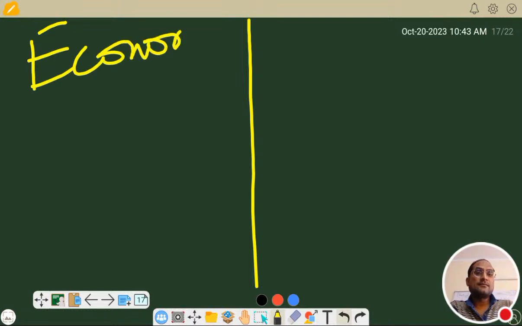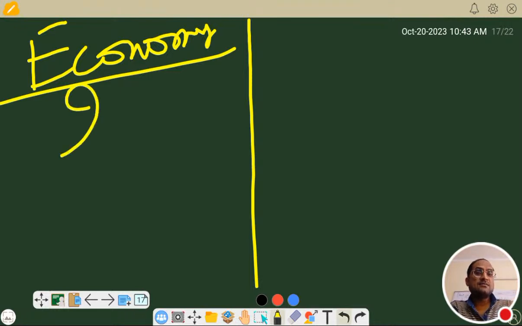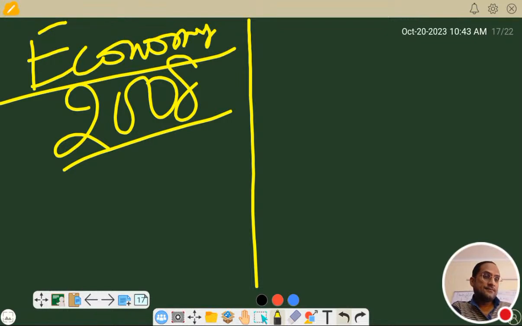Economy. There was a huge recession in 2008 throughout the world. The effects of recession were also seen in India. At that point of time, we were moving towards globalization.